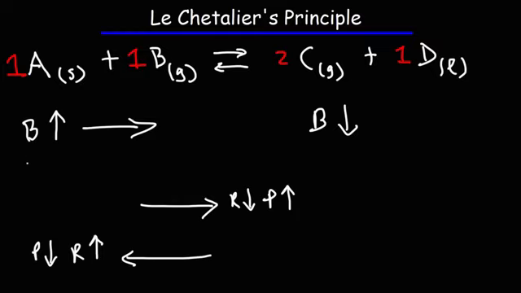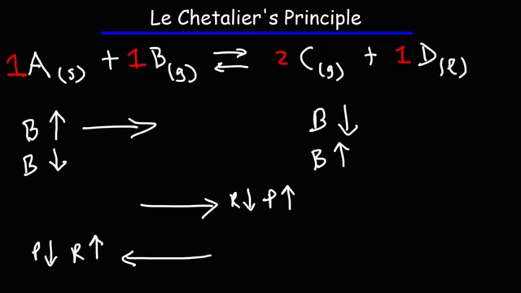Now, what happens if we decrease the concentration of reactant B? Let's say we remove B from the reaction vessel. What's going to happen now? Well, since we brought B down, according to Le Chatelier's principle, the system is going to try to undo that change. It's going to do the opposite of what you've done to the system. So you brought the level of B down, it's going to try to bring B back up.